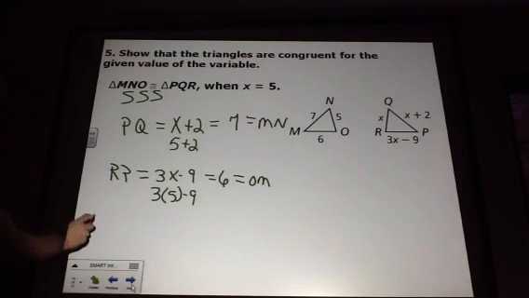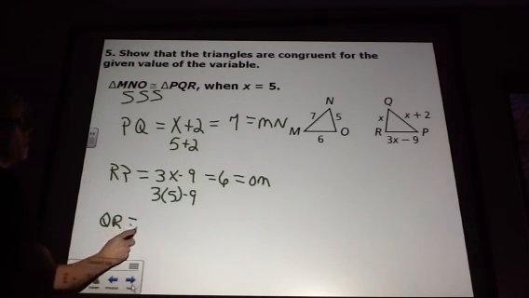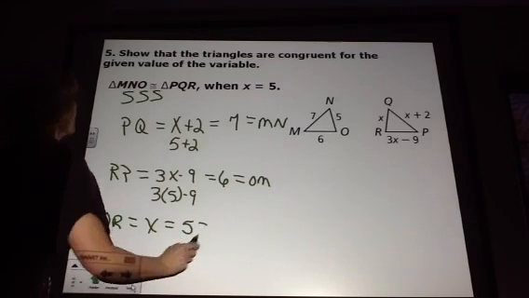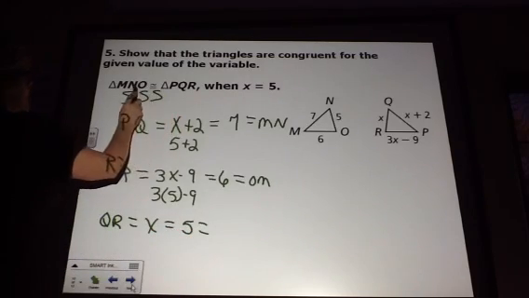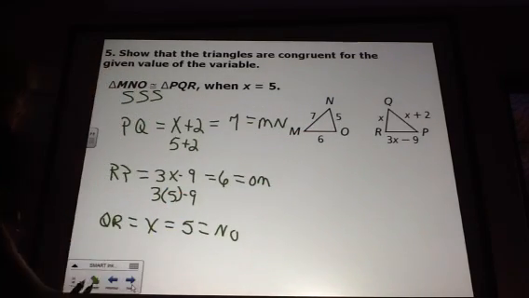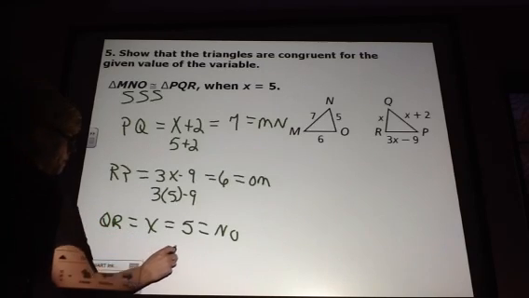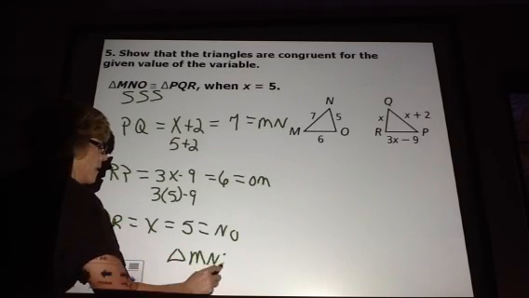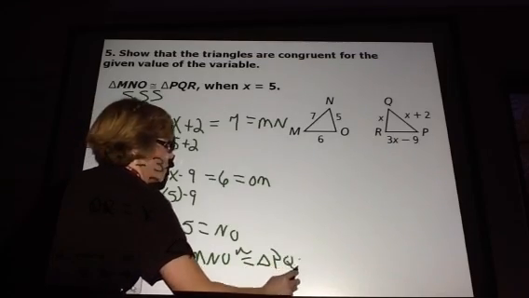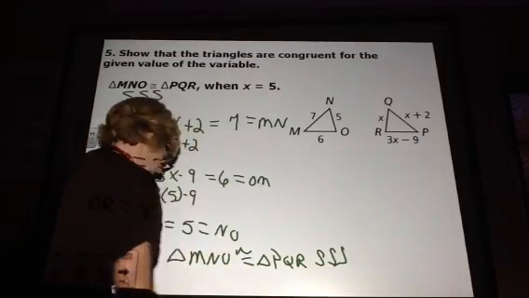And then our last side, QR equals x. Well, x equals 5. And QR is the same as NO. NO is also 5. So we just proved triangle MNO is congruent to triangle PQR because of side, side, side.